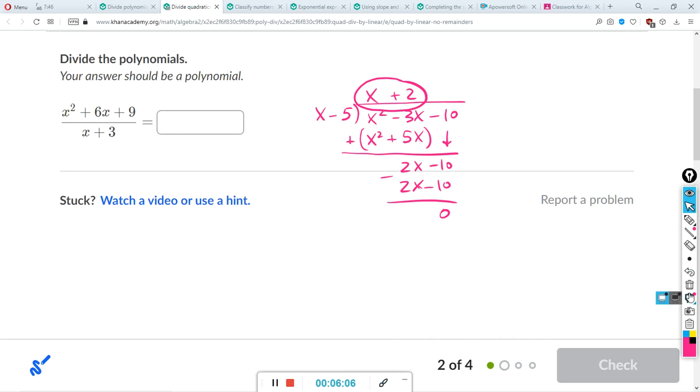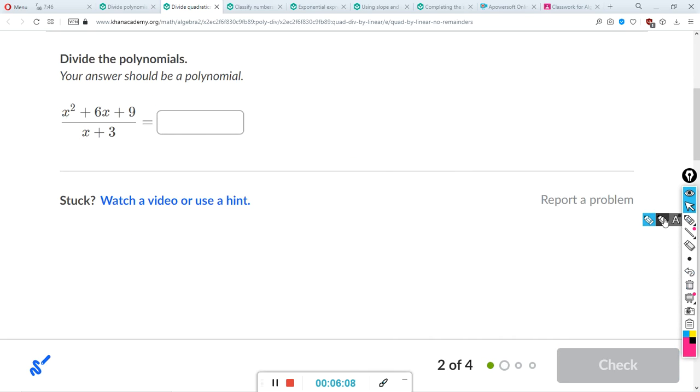One more. We have x plus 3 going into x squared plus 6x plus 9. So what times x is x squared?